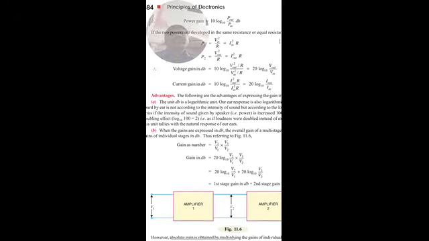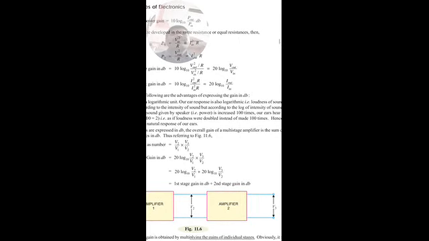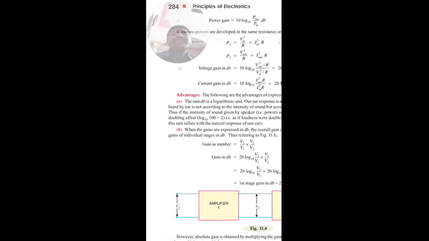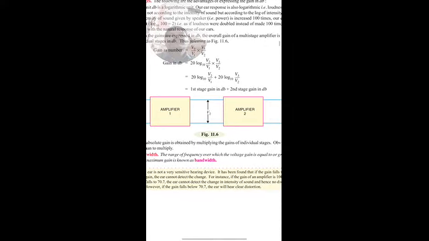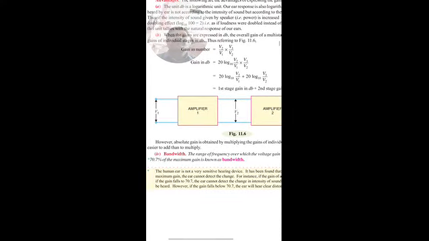So the overall gain of a multistage amplifier is the sum of the gains of individual stages in dBs. So easily we can add the gains. That is the advantage of representing gain in dBs.